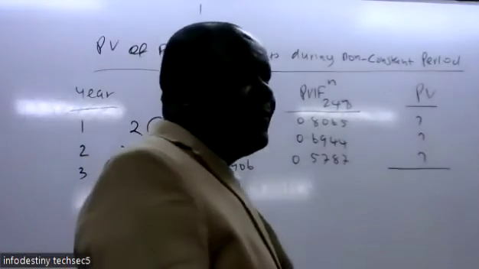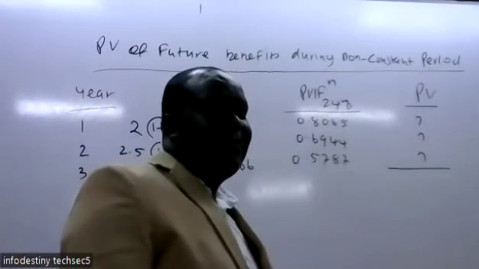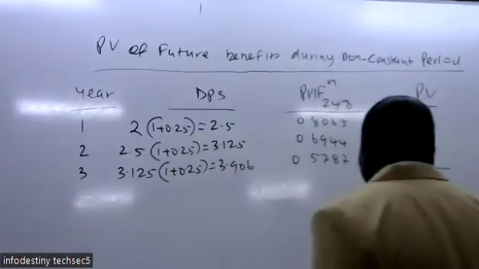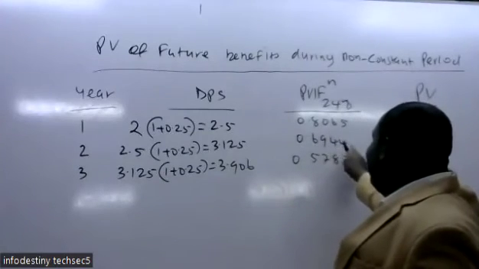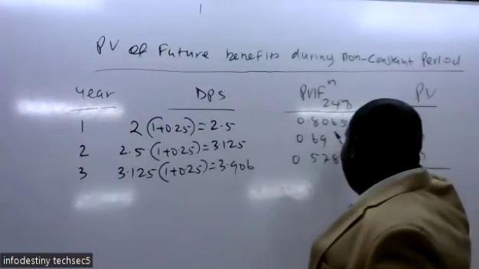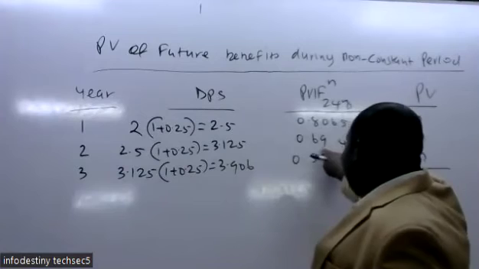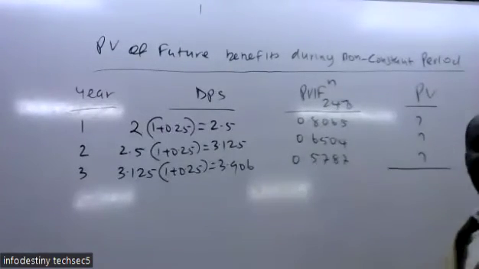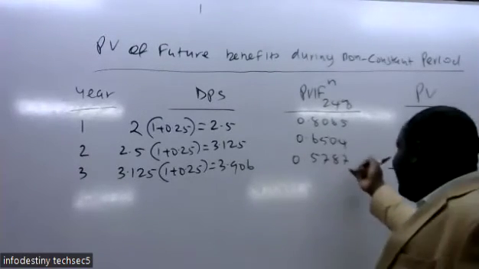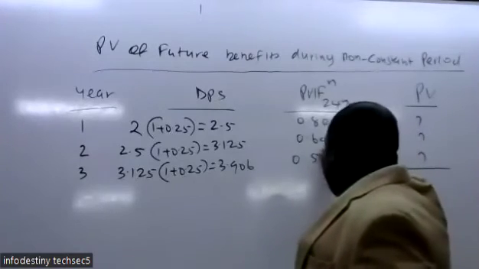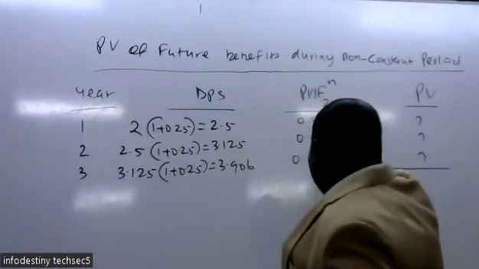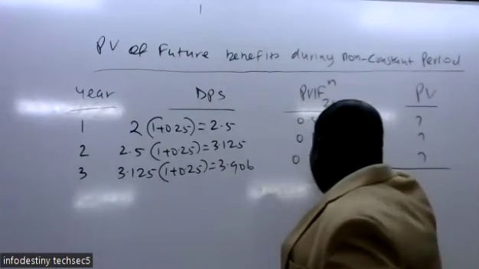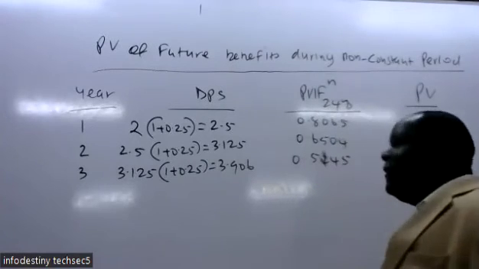Are they correct? The second one is 0.6904. How about the third one? 0.5452.